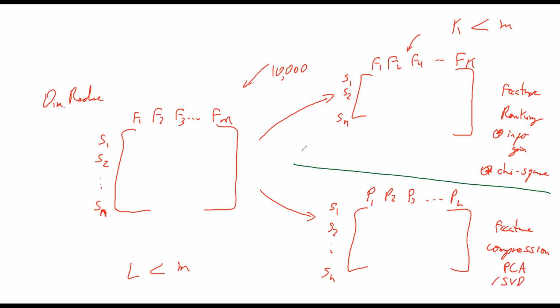And these techniques, later on, we will see that intuitively, we can think of that P1 as nothing more than a linear combination of the original features. So W1 times F1 plus, we have some weights associated that we have to learn. So W2 times F2, dot, dot, WM times FM.